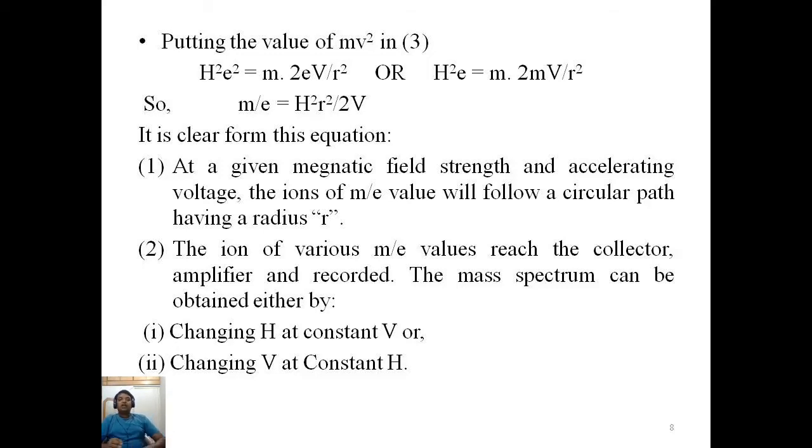In the market a lot of mass spectrometers are available, named 2000, 4000, 6000, 8000, which is nothing but the 2000 magnetic gauge, 4000, 6000 and 8000. This is the constant field strength, and we can only change the velocity.